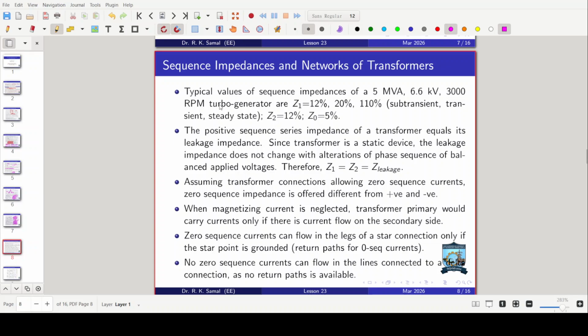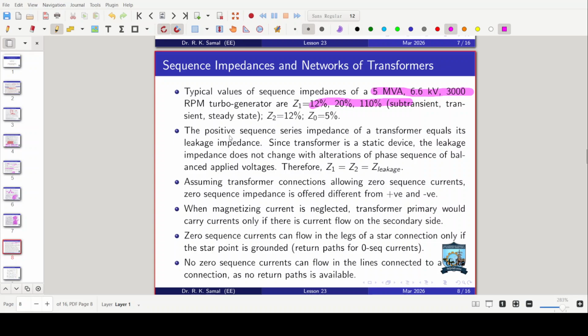What about transformers? Typical values of sequence impedances for a 5 MVA, 6.6 kV, 3000 rpm turbo generator are 1.2 per unit, 0.12 per unit, 0.2 per unit, 1.1 per unit. These are for the generator.